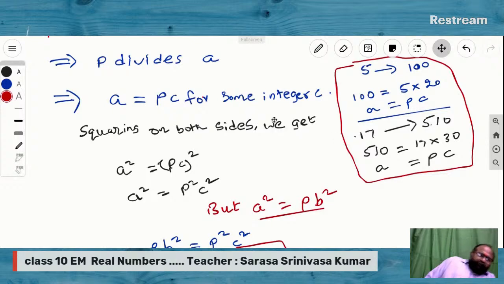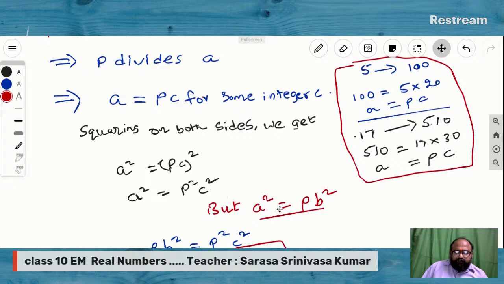So if p divides a, then we can write a equal to pc for some integer. Squaring on both sides, we get a square equal to pc whole square, that is a square equal to p square multiplied by c square. But we know that a square equal to pb square.